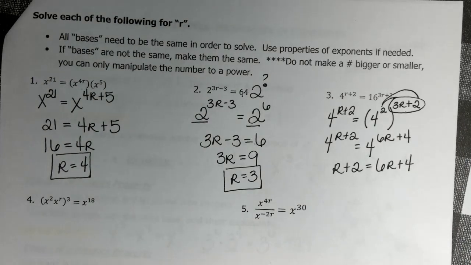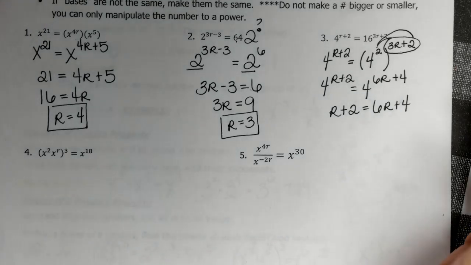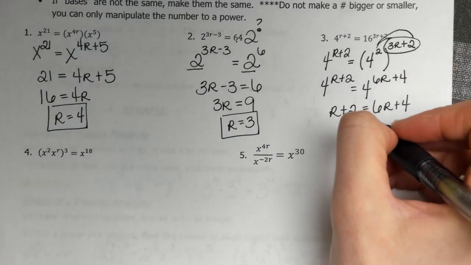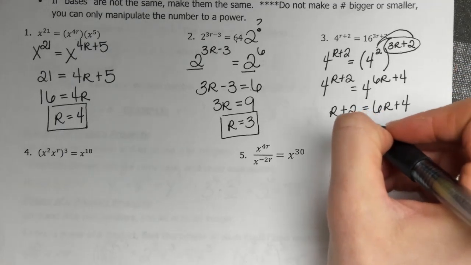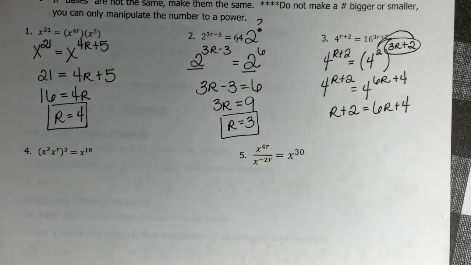How do I solve for r? Subtract 2. You can do it either way. If you want your r's on the left, constant on the right, you'd subtract 2, subtract 6r. If you want your r's positive, move it to the right, move your constant to the left. You want your constant and variable separate. Okay?